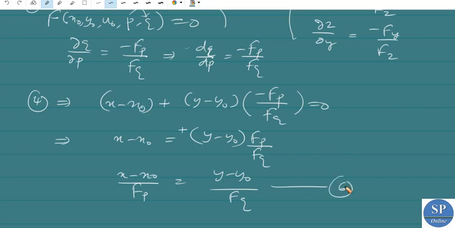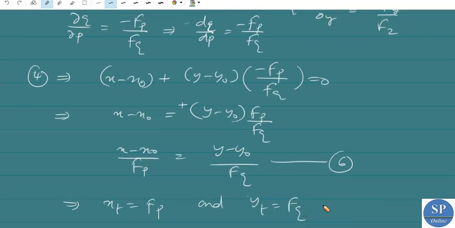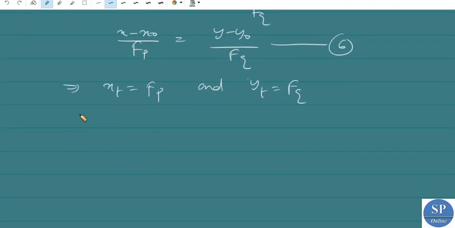Number it as 6. From this we get xt equal to fp and yt equal to fq. So we have obtained the slopes for x and y, that is xt and yt. Now to obtain the slope for u, that is ut, we use the family of tangent planes, equation number 2: x minus x naught into p plus y minus y naught into q equal to u minus u naught.